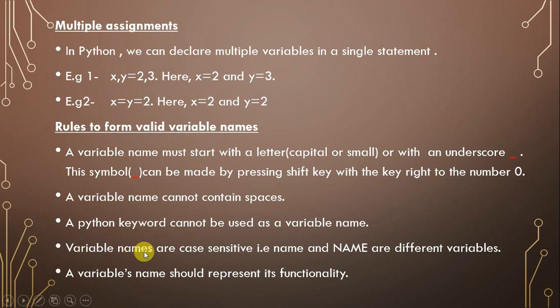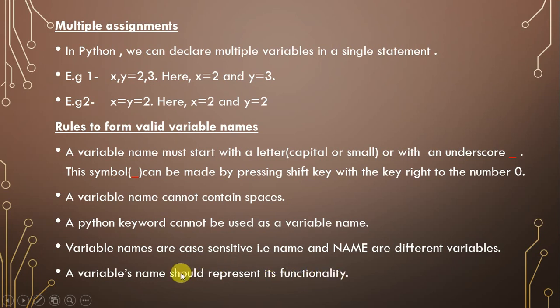Next, variable names are case sensitive, that is name in small letters and NAME in capital letters are different variables. The variables which have the same spelling but some letters uppercase and some lowercase will be considered as different variables, as Python is a case sensitive language. Next rule says a variable's name should represent its functionality.